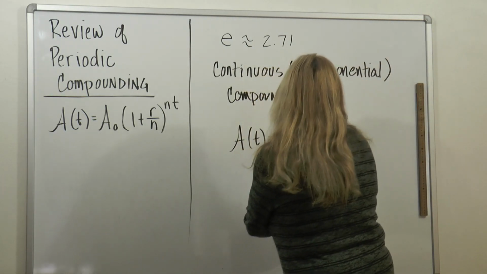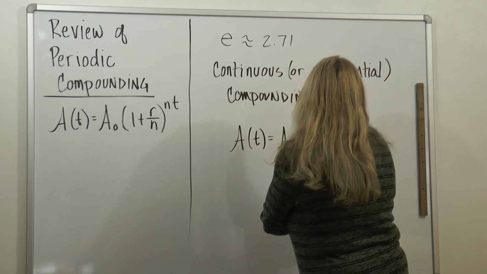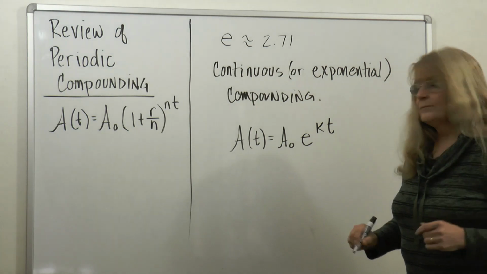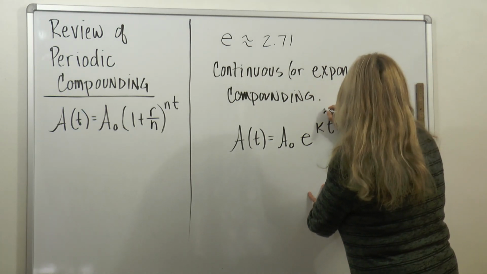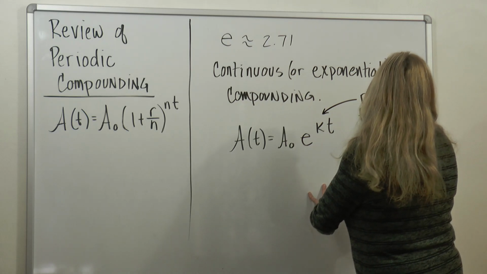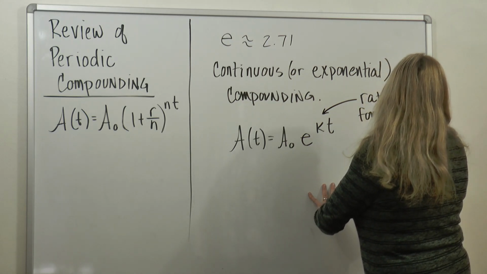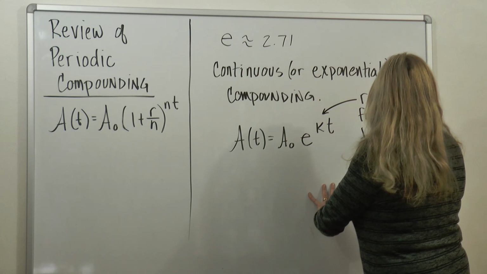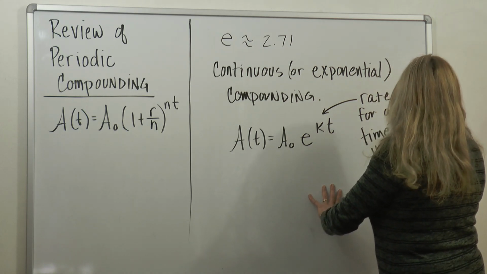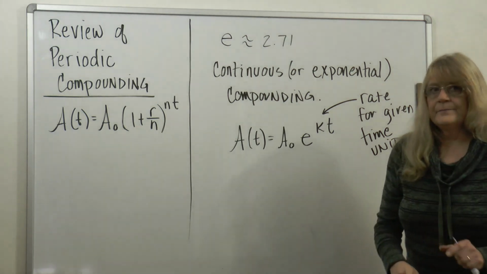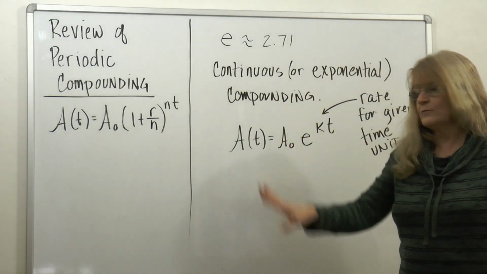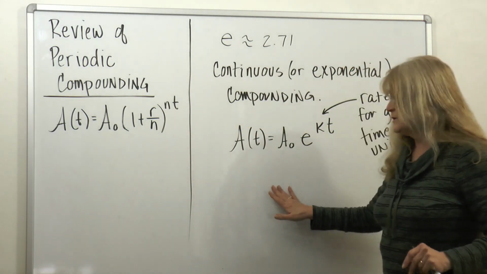A of t is equal to a sub naught e to the kt. Okay, so we're going to have two equations, and that's all we're having for this section, so don't get overwhelmed. It's just this one and this one.